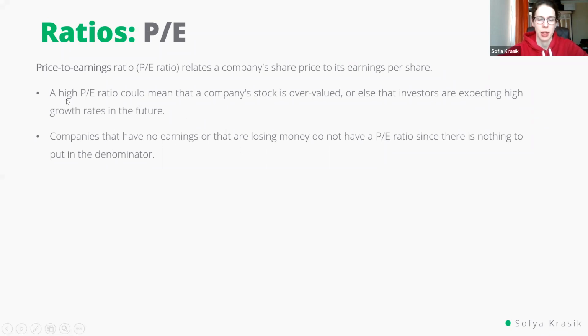But why can it be interesting? First of all, a high price to earnings ratio could mean that a company stock is overvalued. So let me draw it. We just took the price from exchange trades and divided it by earnings.